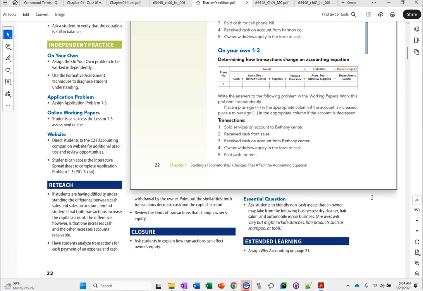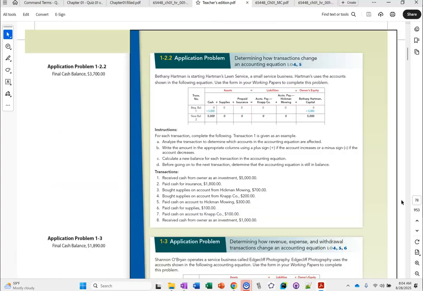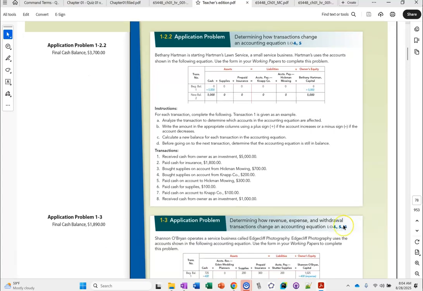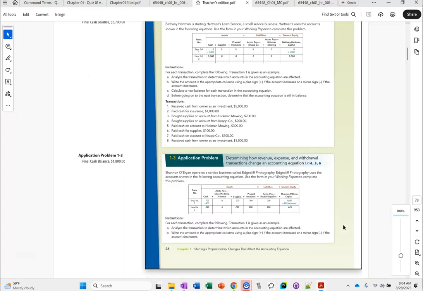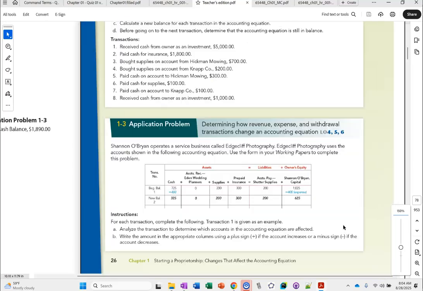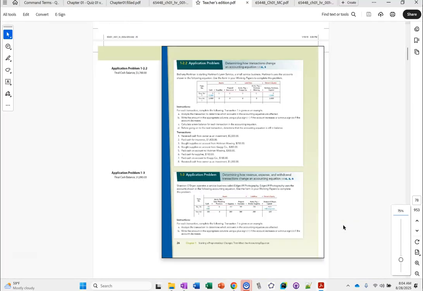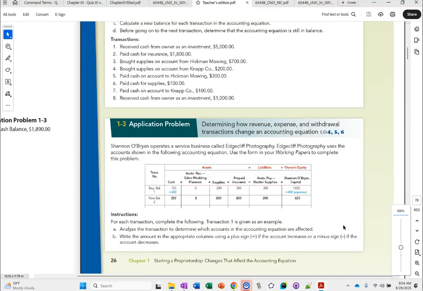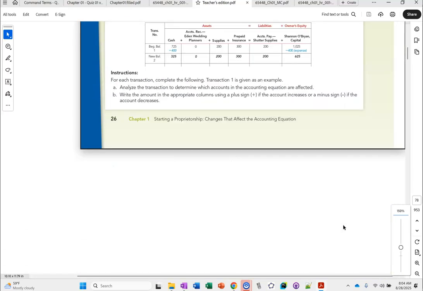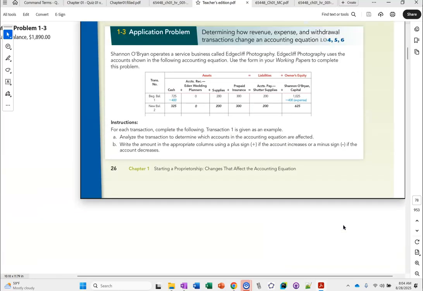Let's look at the application problem now. That's on page 26. Okay.